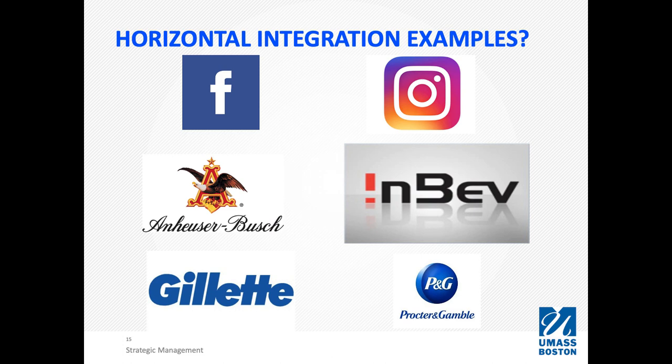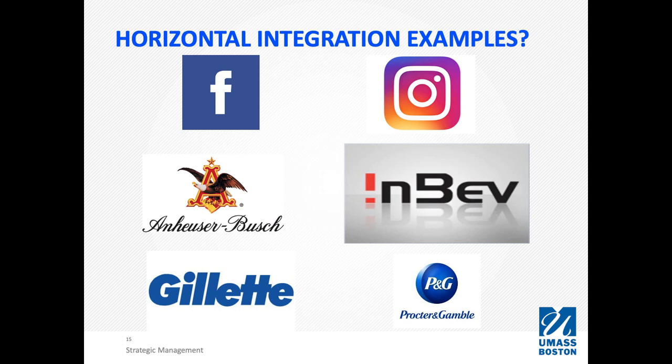Then Anheuser-Busch and InBev is another example of a pretty closely related horizontal merger. Both beer companies, right? Gillette and Procter & Gamble are a little further afield, but they were generally in the business of making hygiene products. So in this integration, they could get some benefits from scope economies, and research and development costs from hygiene products could be distributed over a larger number of products.